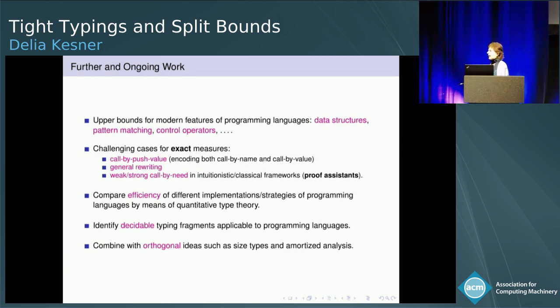But of course, in this case, you need to restrict the power of intersection types because you want to be decidable. So you restrict the power, and in this case, you cannot characterize normalization properties anymore, for example.